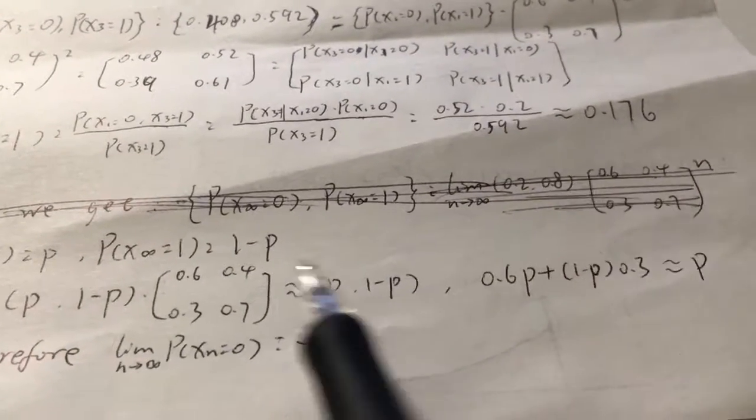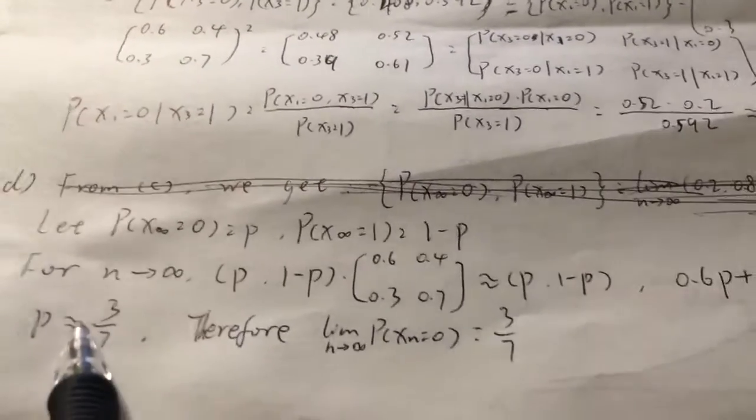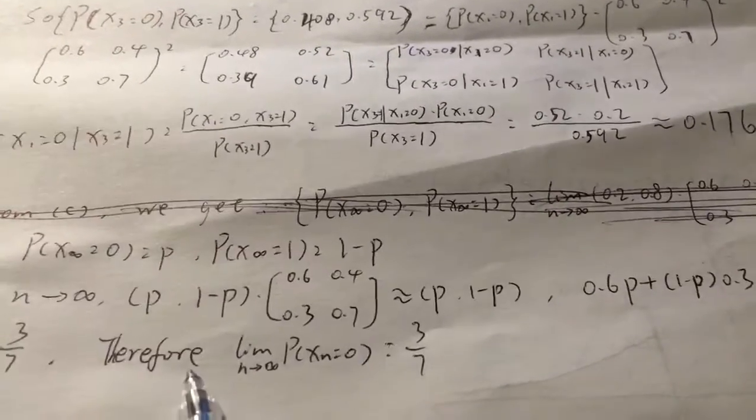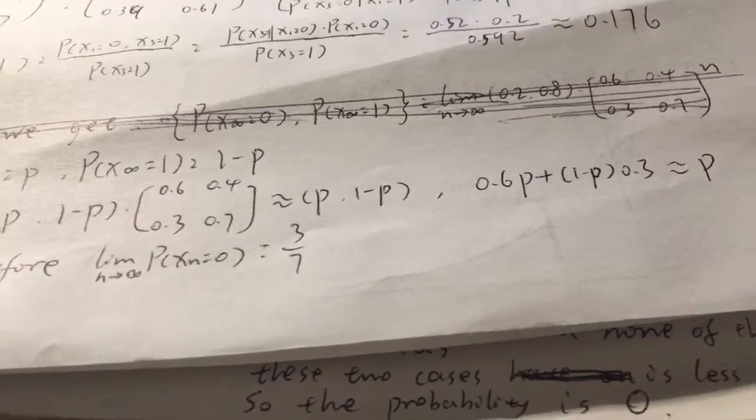We use this to calculate p, and finally we got p equal to 3/7. Therefore the result is this. So that's the final question. That's the whole thing about problem 1.